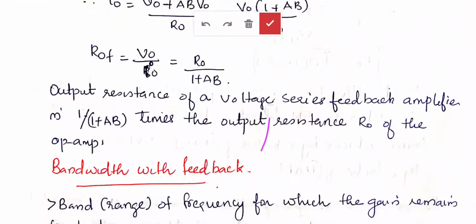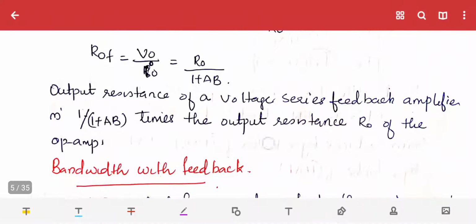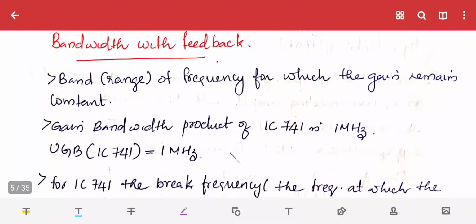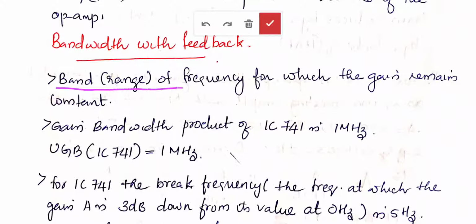The next is bandwidth with feedback. What do you mean by bandwidth? Bandwidth is nothing but the range of frequency for which the gain remains constant. The range of frequency over which the gain of the amplifier remains constant is known as bandwidth.